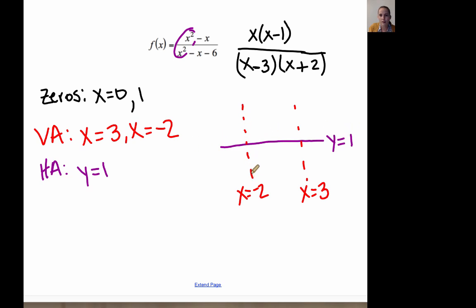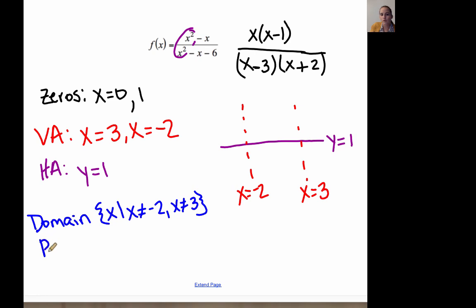It's cut off at -2 and at 3. So for our domain, we're just going to say the set of x such that x cannot equal -2 and x cannot equal 3.